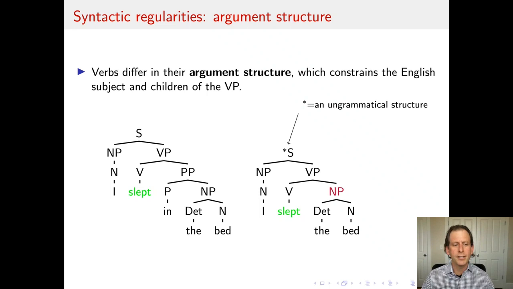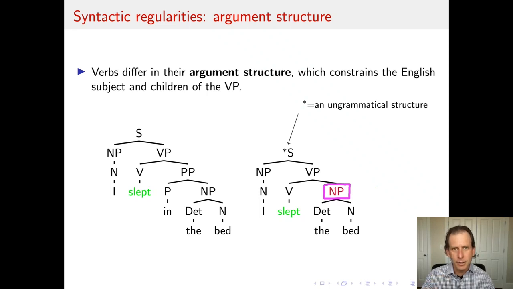So while the sentence "I slept in the bed" is fine, as you see on the left, if I were to say "I slept the bed," you would recognize that as something's wrong. And within the theoretical framework of generative grammar approaches to this kind of distinction, we would say that that's an ungrammatical sentence. That sleep does not allow a noun phrase to occur immediately after it.